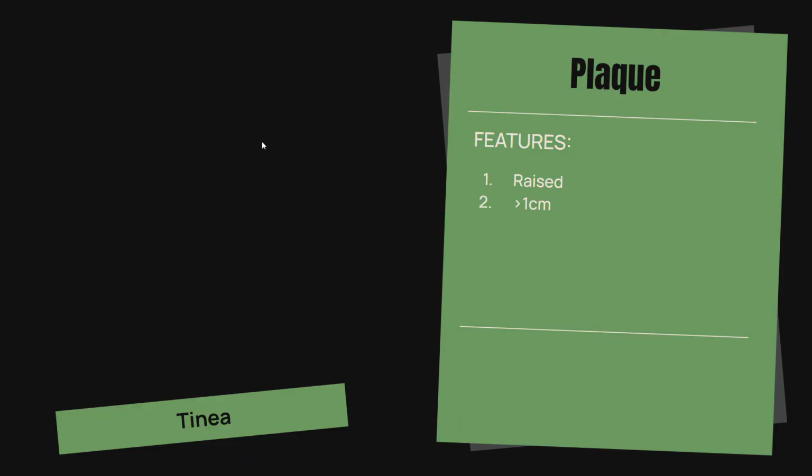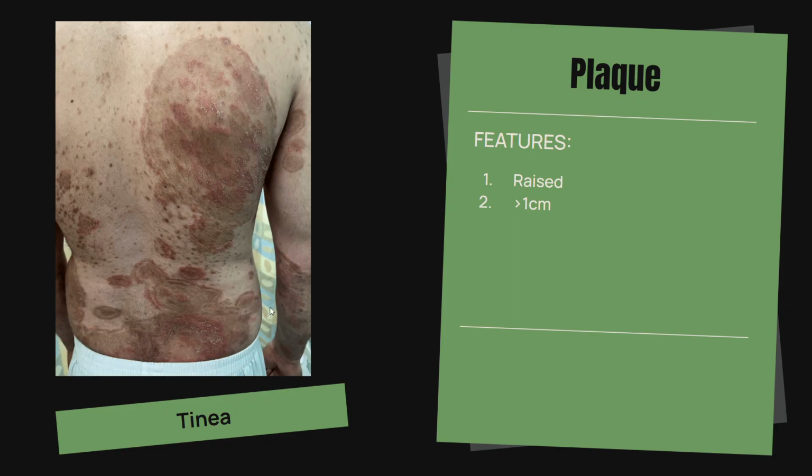And if the lesion is larger than 1 centimeter and it is raised, it becomes a plaque. Here the patient came with a tinea showing big plaques, and you can clearly see it is greater than 1 centimeter.